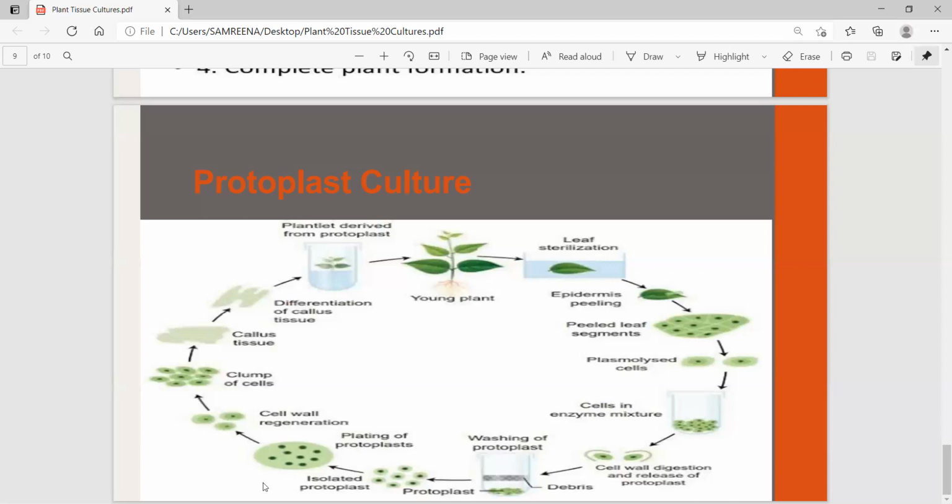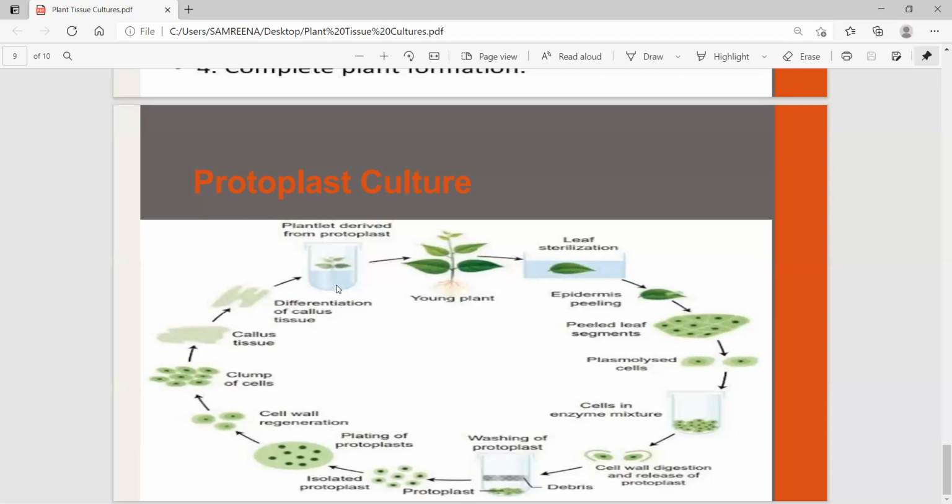We can place it on Petri plates, where regeneration of the cell wall takes place. Then these cells form cell clumps, from the clumps callus tissue is formed, and from the callus tissue our plantlets are formed.